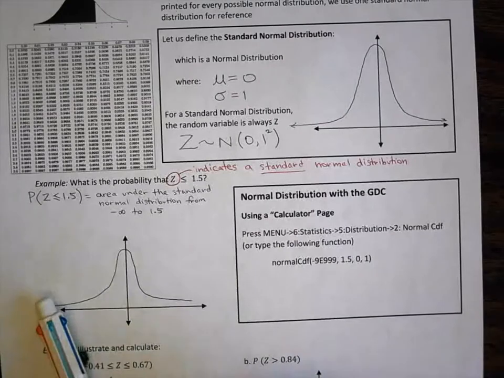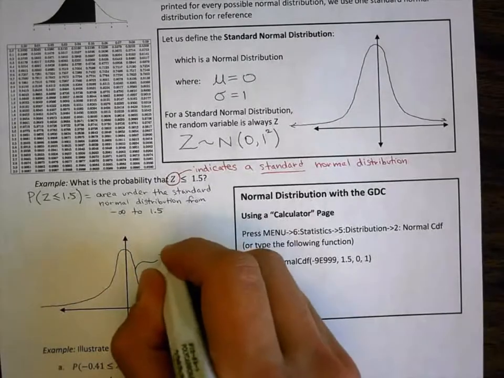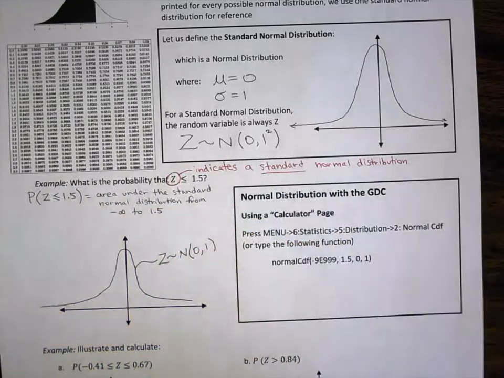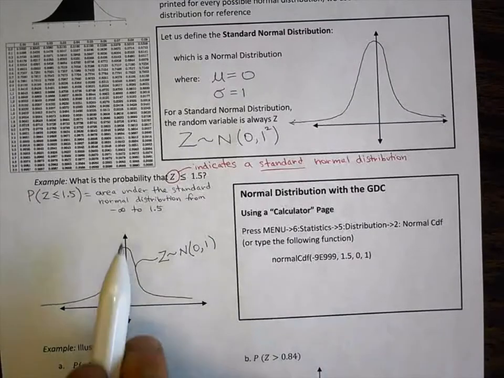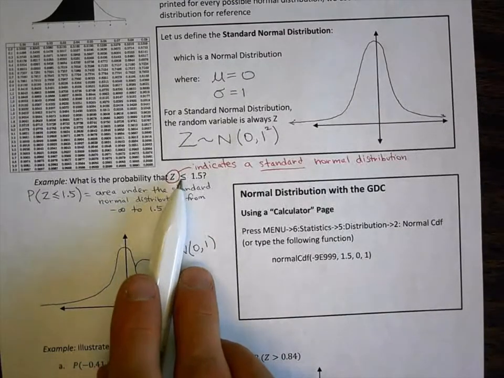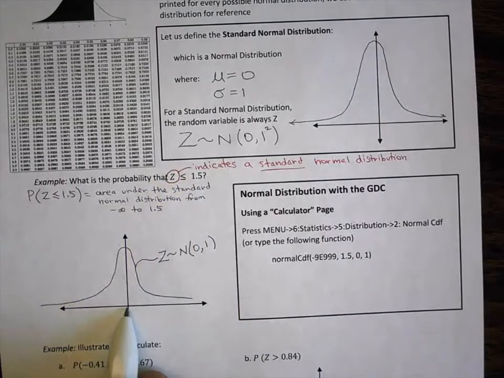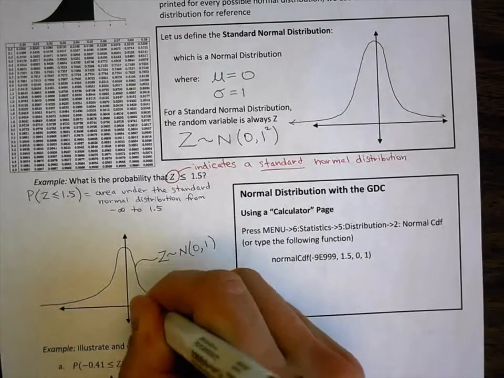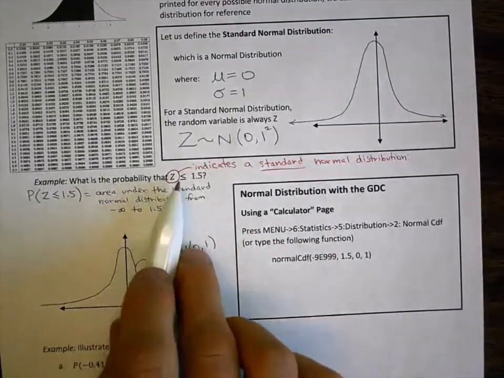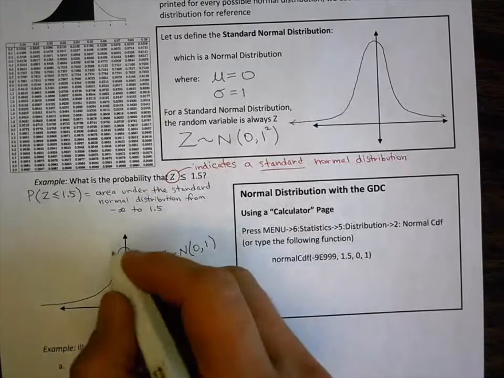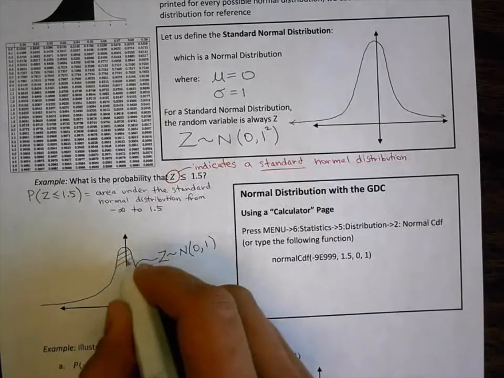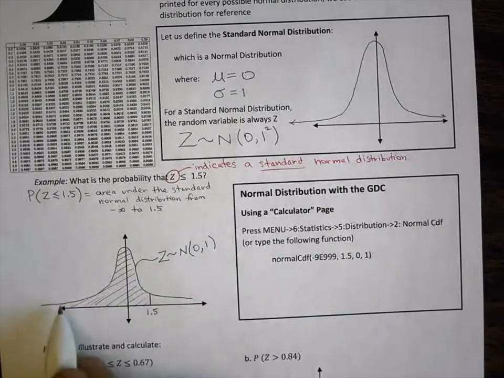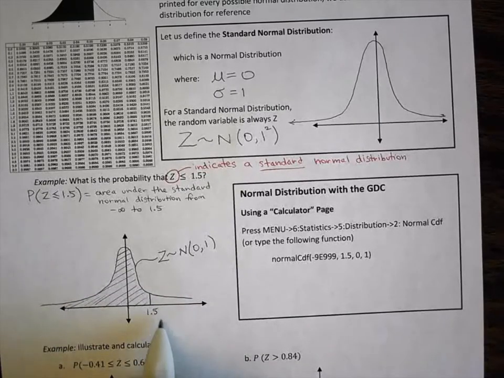So this distribution is z, such that it's a normal distribution with mean 0 and standard deviation 1. Okay, now we want to know the area under the curve, the probability that z is less than 1.5. Well, if this is 0, 1.5 is somewhere up here to the right of 0, right? I don't know where, I'm just doing a sketch. And we want to know the probability that z is less than 1.5, so we want the area under this curve between negative infinity and 1.5.